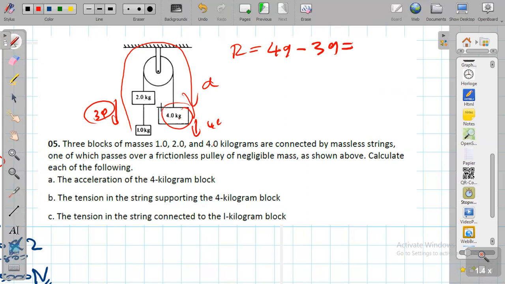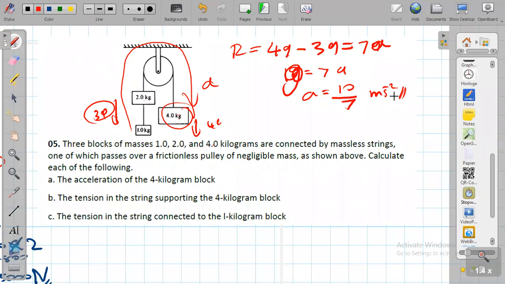Scalar quantity, so you can add them together. 7g. So g equals 7a. a equals 10 over 7 m/s squared.